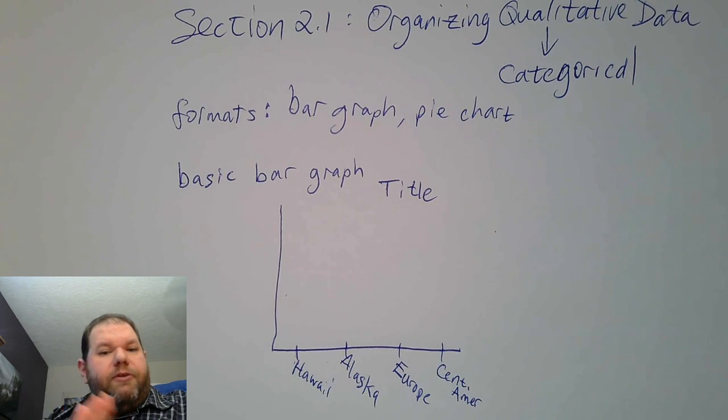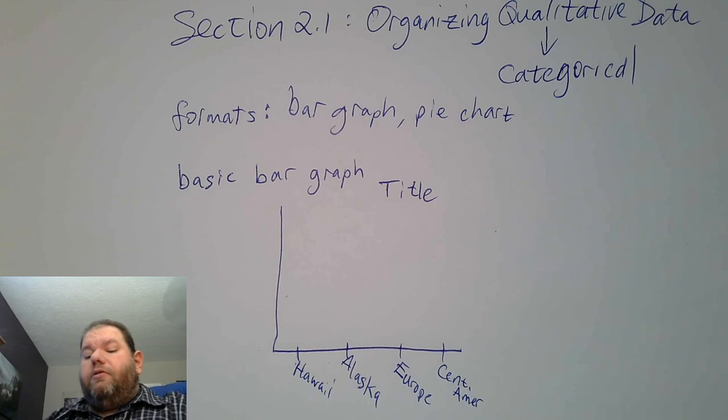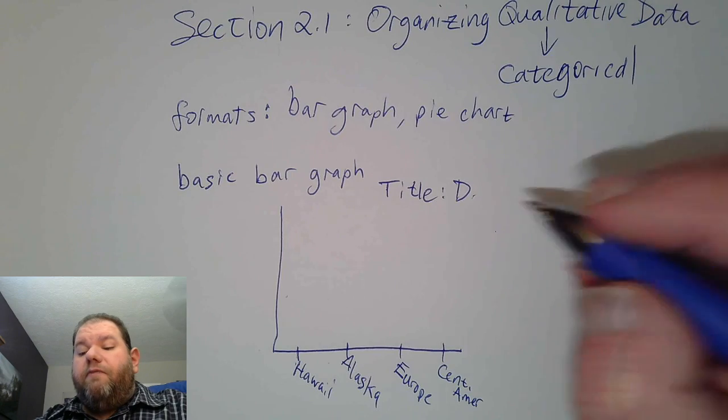Not going down too far, I'm just needing some basic examples here. So our title would be destinations, vacation destinations.